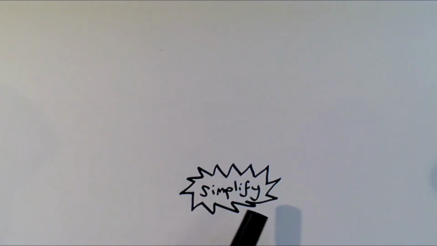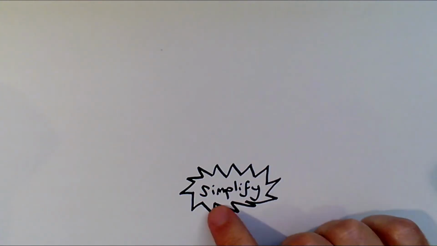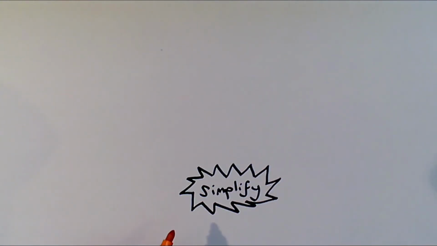You write the word that you've been working on in the middle, like this, and then individually or as a group, you can think of synonyms for that word, and it's absolutely fine to use a thesaurus to help with that. I'll write some synonyms for simplify down here. I'll do them in a different color just to help them stand out a bit more. Maybe we could have decipher.